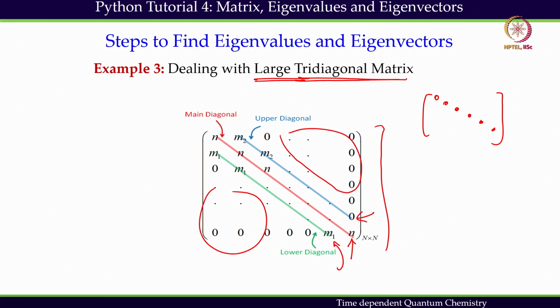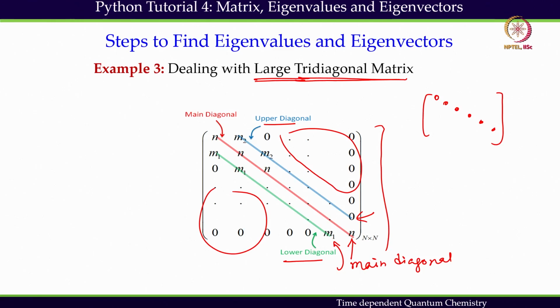A tridiagonal matrix, which is presented here, has non-zero elements on the main diagonal, this is the main diagonal, and on the upper diagonal and the lower diagonal, and these values would be non-zero in a tridiagonal matrix.